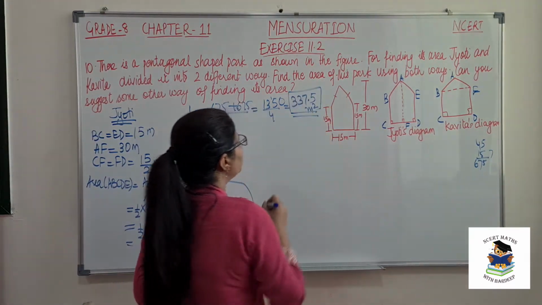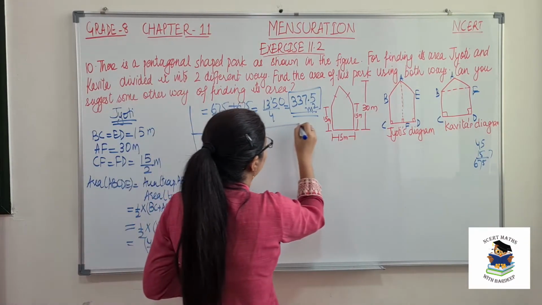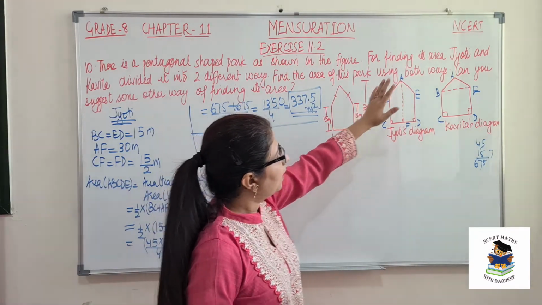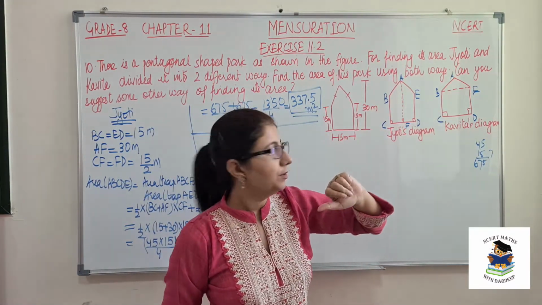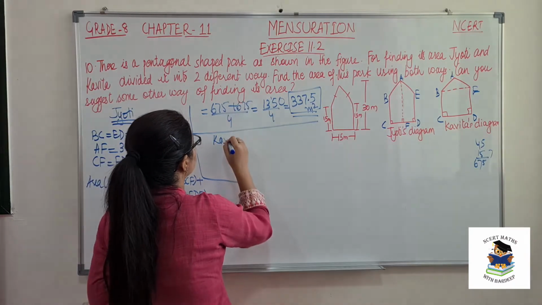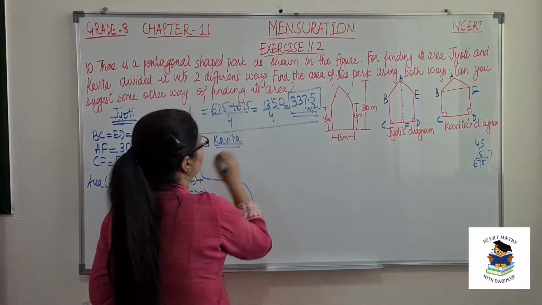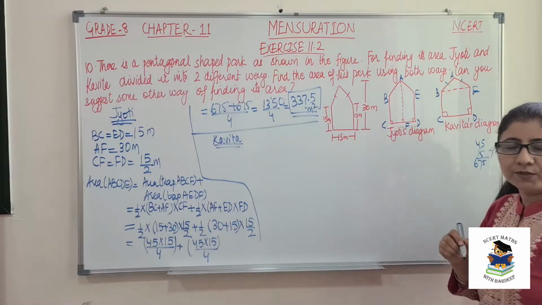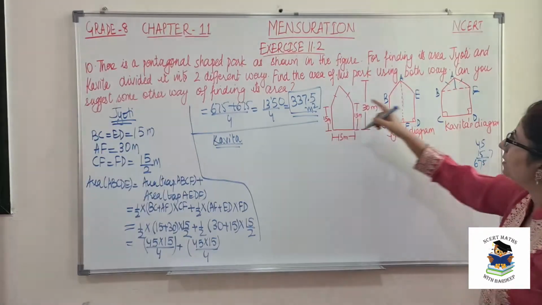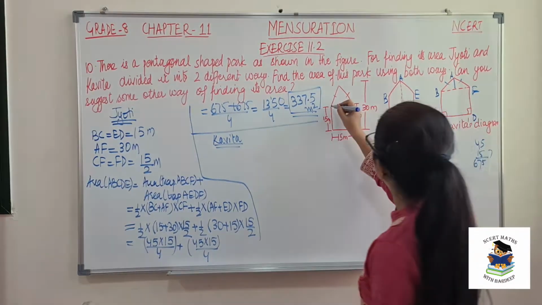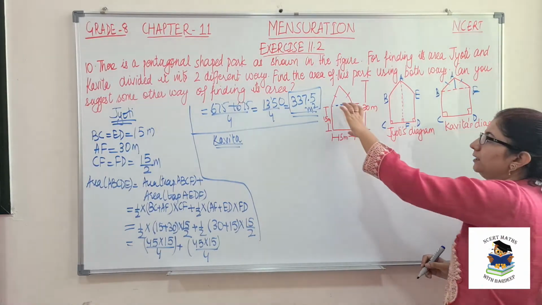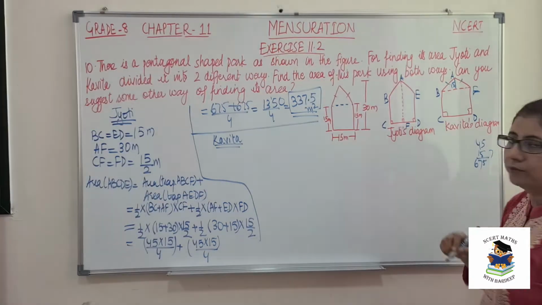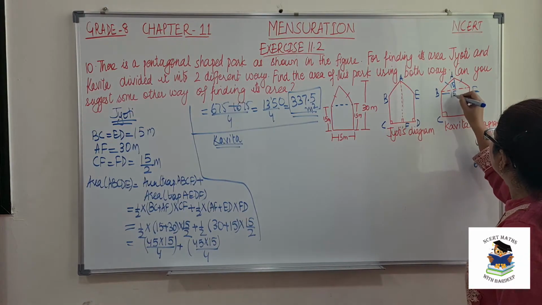So now let's verify that if Kavita has divided the park in a different shape, whether the area is the same. So it is area of triangle plus area of square. So we will write Kavita's diagram. See, this is an isosceles triangle, but its perpendicular distance is given as 15 because here we can see this full is 30, this is 15, so this is also 15. So we can see this is 15 here and this is already 15.